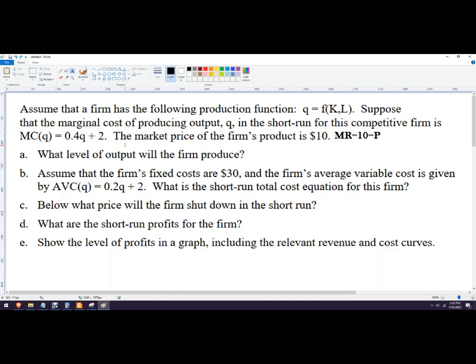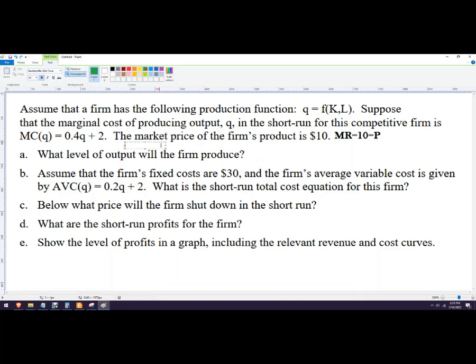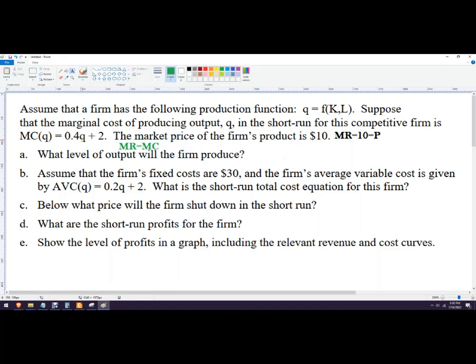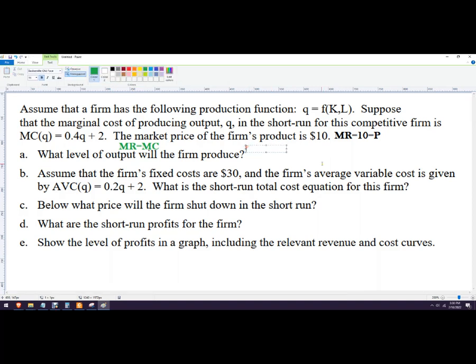Let's do this in a different color here. So MR equals MC. We've got the marginal cost function right there, and we know that marginal revenue is 10. So 10 equals 0.4 Q plus 2.